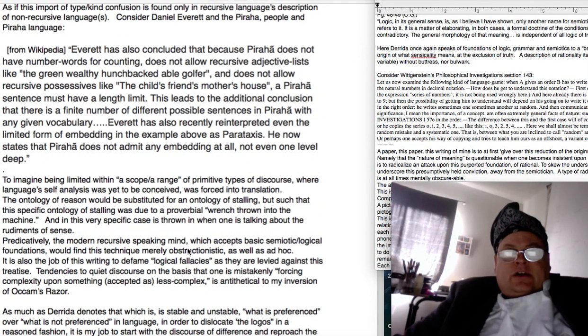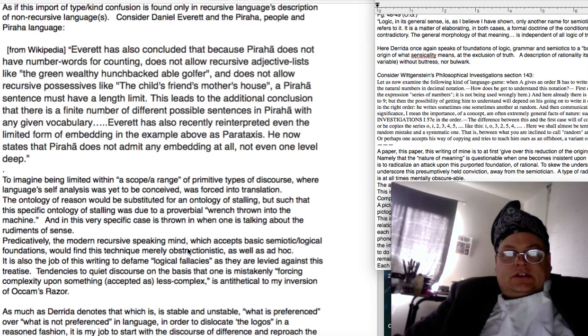From Wikipedia: Daniel Everett has also concluded that because Piraha does not have number words for counting, does not allow recursive adjective lists like the green wealthy hunchbacked able golfer, and does not allow recursive possessives like the child's friend's mother's house, a Piraha sentence must have a length limit.